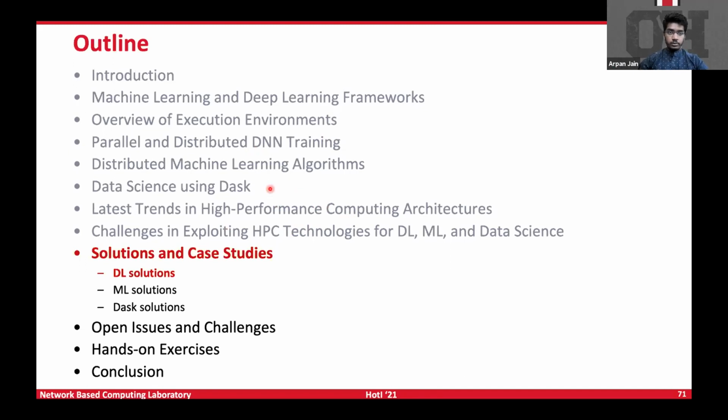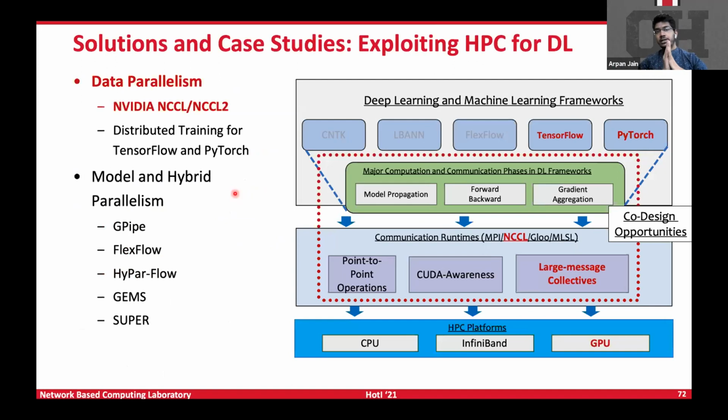We have several case studies in this section for deep learning. Broadly, these case studies are divided into 2 categories, data parallelism and model and hybrid parallelism, as they target different kinds of models. As I said earlier, data parallelism is suitable for models that can fit inside the memory of a single GPU.